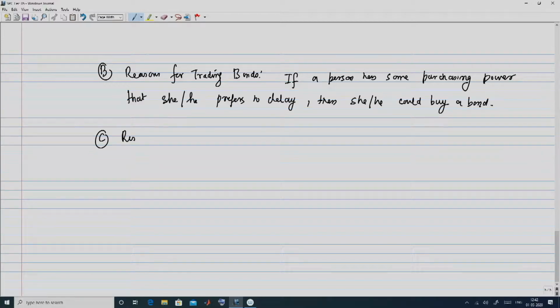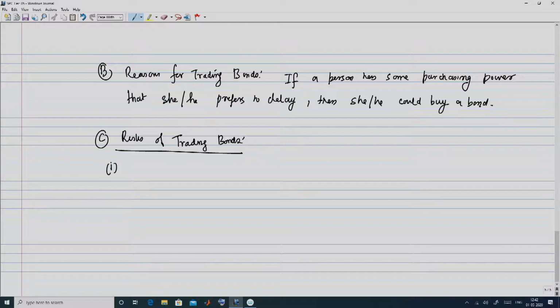So, taking all these things into account, let me look at the three main types of risks that are associated with bonds, notwithstanding the fact that it is risk free from the point of view of no uncertainty about the final payment that you will receive at maturity. So, let us look at risks of trading bonds.